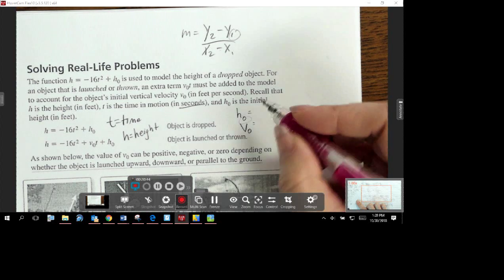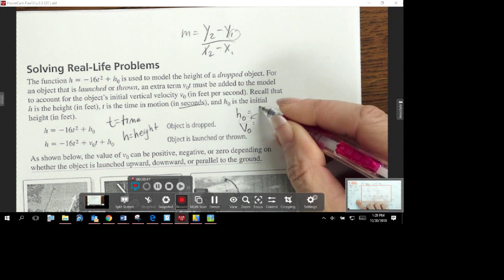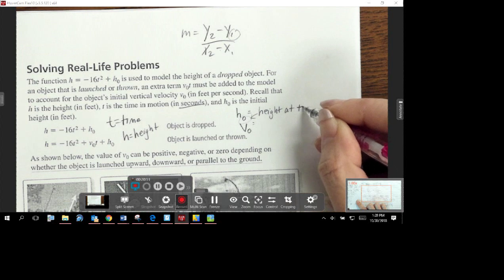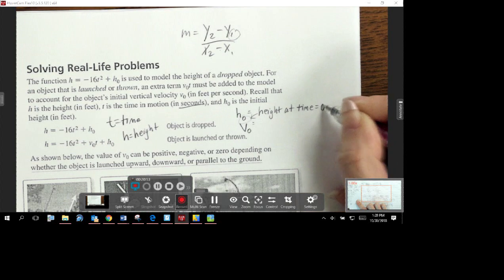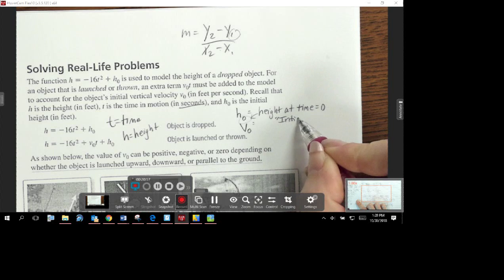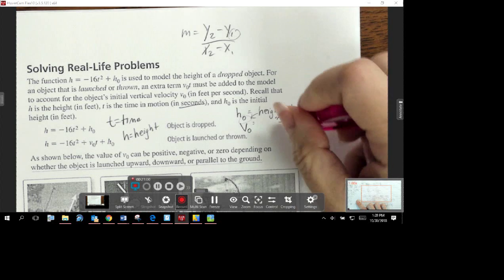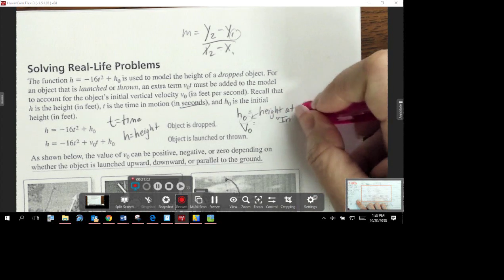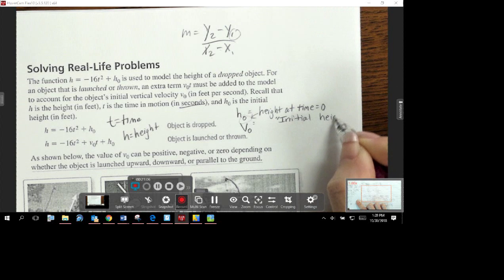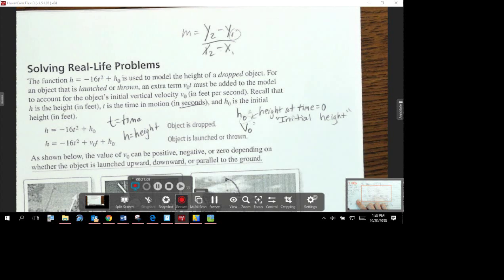So here, this is going to be the height at time equals 0. We would call this the initial height, the starting height, our first height.